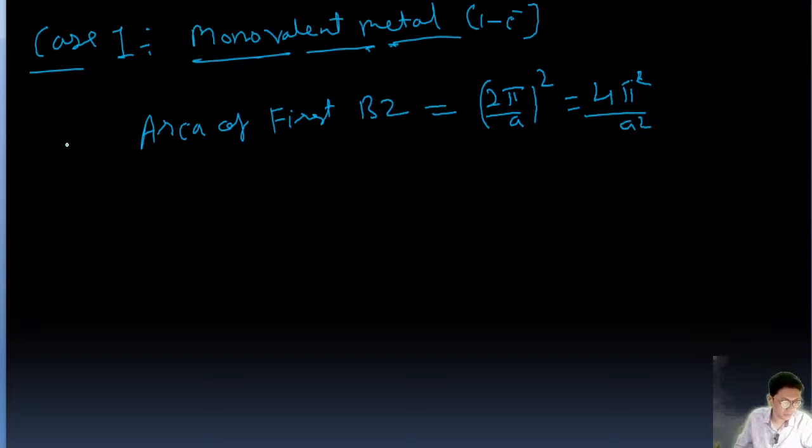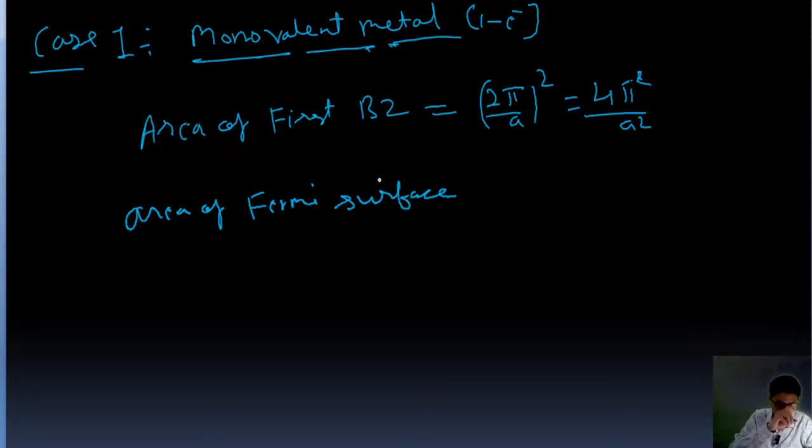Okay. So now the area of the Fermi surface. In 2D, I have explained the Fermi surface is a circle. In 3D it is a sphere, right? So the area of the Fermi surface, that circle, right?